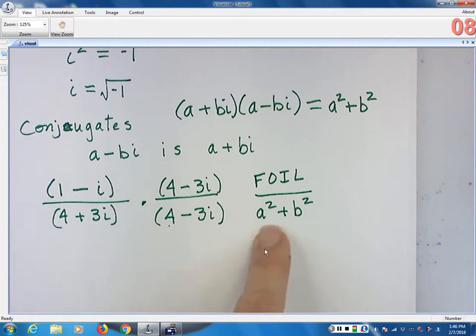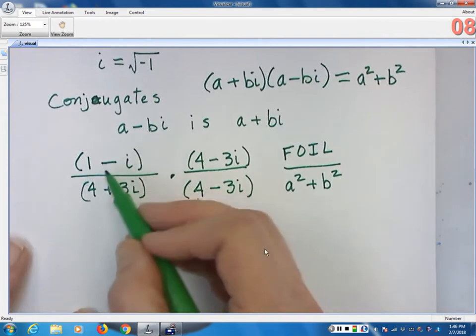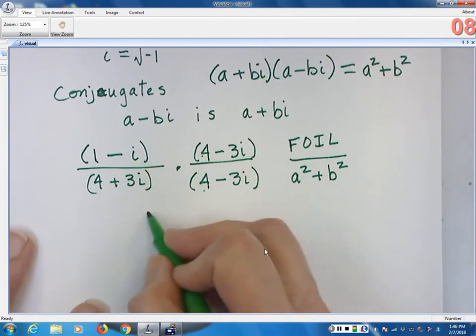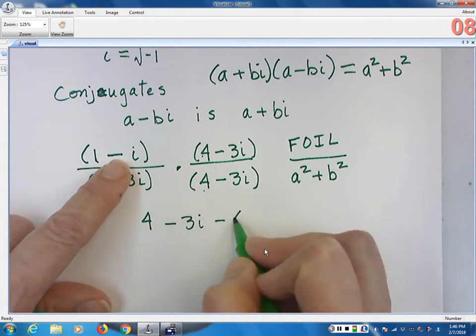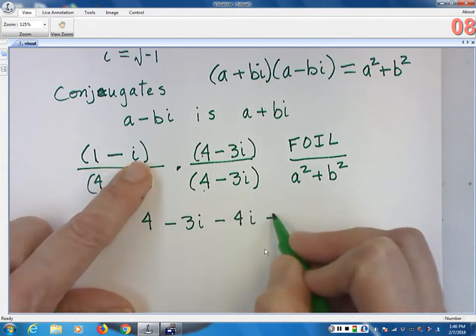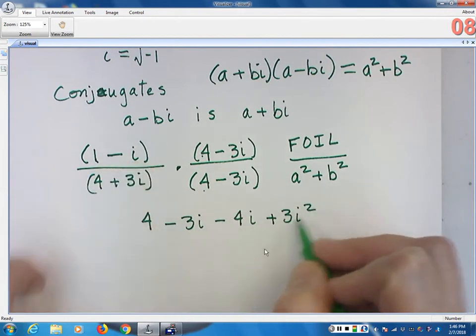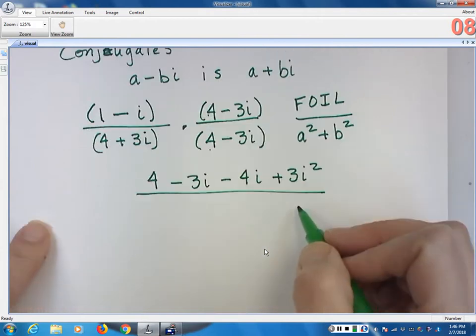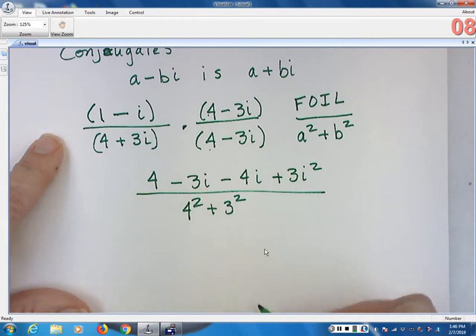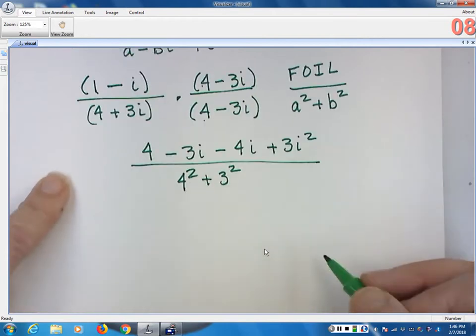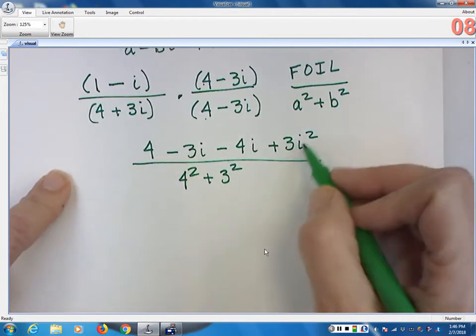Does this go away? No, it's a real number. And then you're going to separate it and write it in A plus BI form. So if I were to work this whole thing out, I FOIL this, I get 4 minus 3I minus 4I plus 3I squared. That's my top. On the bottom, I'll have 4 squared plus 3 squared. This is all the work you have to show on it. This is negative 1.